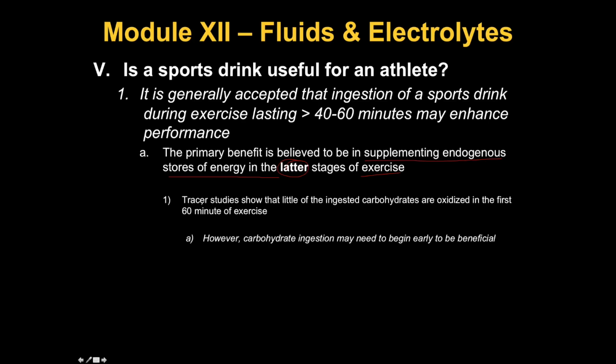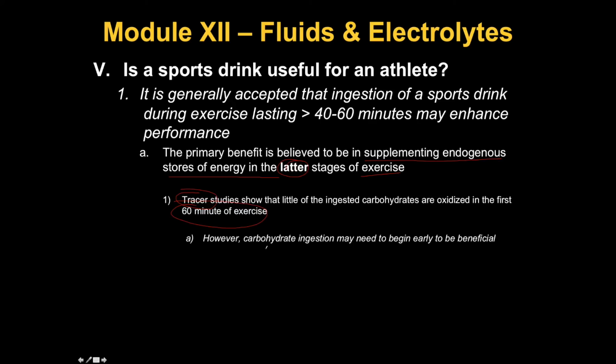And we know this through radioactive tracer studies. You give somebody some radioactive glucose and you monitor where that glucose goes. Basically, early on, those ingested carbohydrates aren't really being oxidized in the first 60 minutes of exercise. We see that oxidation occurring later on in activity.